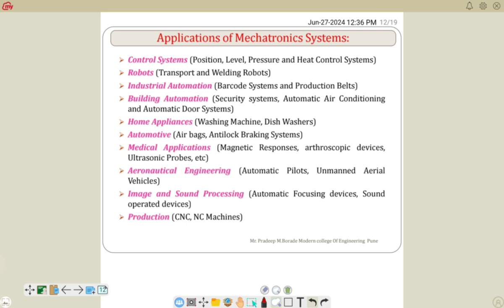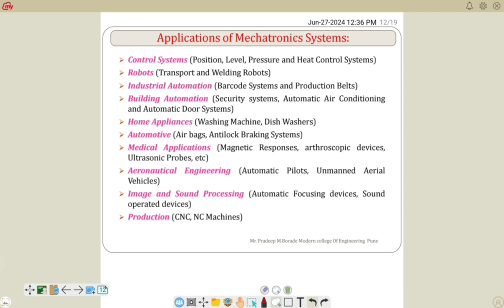So first is the control system, to measure position, level, pressure, and heat control systems. And robots are there to complete any task. Some robots are manufactured and these robots are also in mechatronics, that is transport and building robots.